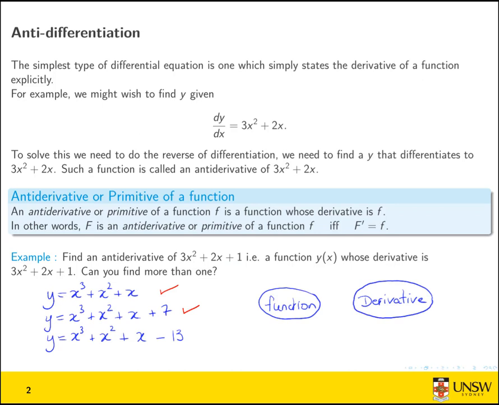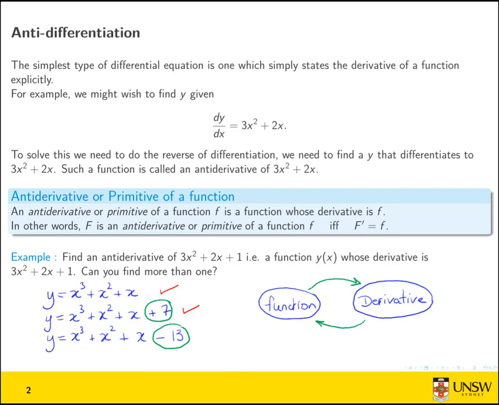This example shows that finding the derivative of a function and finding the antiderivative of a function are quite different. From one function, you get exactly one derivative. But if what you know is the derivative and you want to go back, there is some uncertainty. There are several functions which work, right? It depends on the constant you add in the end.